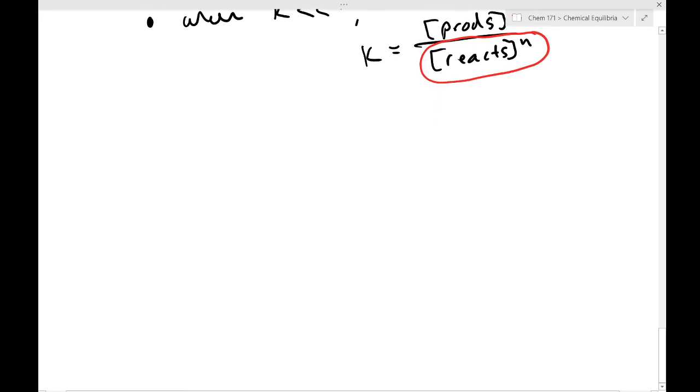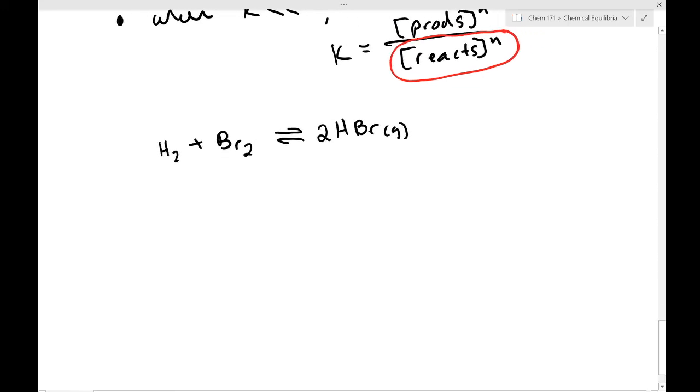Okay, let's look at some actual numbers here. So if we look at the reaction between hydrogen and bromine gas to form hydrobromic acid, okay, if we look up the equilibrium constant for this, K is equal to 1.9 times 10 to the 19 at 25 degrees C. Okay.